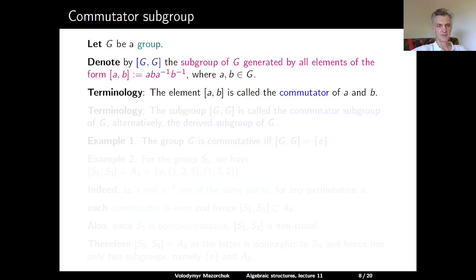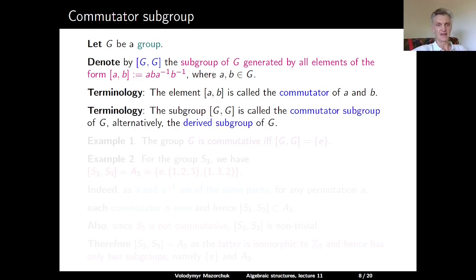Terminology: the subgroup [G, G] is called the commutator subgroup of G, or alternatively the derived subgroup of G. For example, the group G is commutative if and only if the derived subgroup is trivial, just consists of the identity element. And indeed, two elements commute if and only if their commutator is the identity.